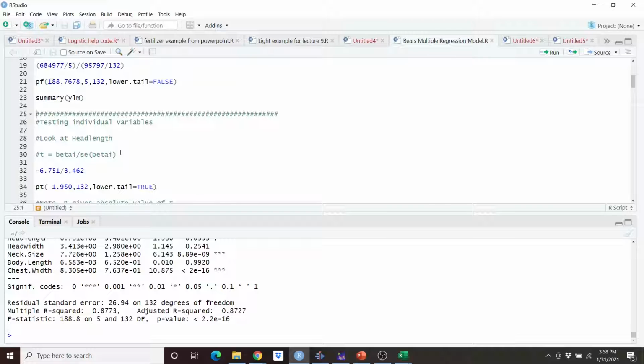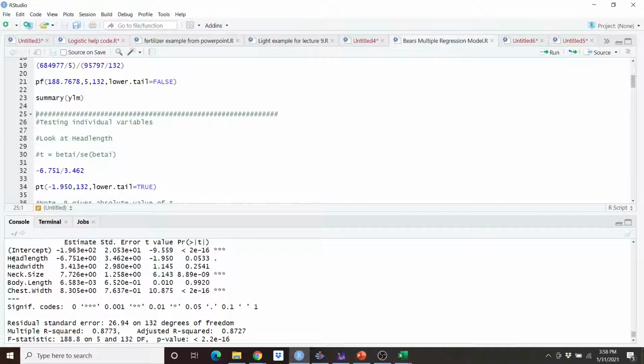What about testing our individual variables? Suppose we simply look at head length. Our estimate is negative 6.751. Our standard error is 3.462. If you recall from previous videos, our t is simply our estimate over our standard error.